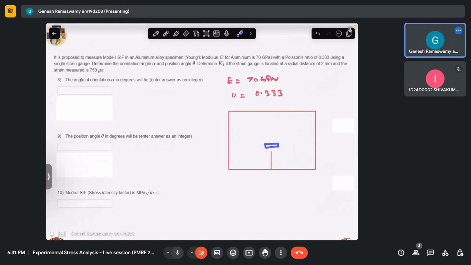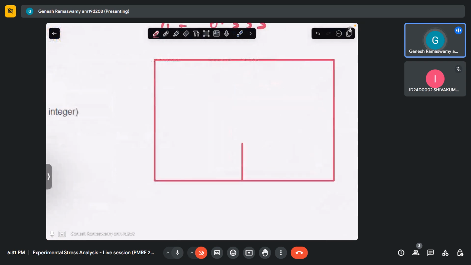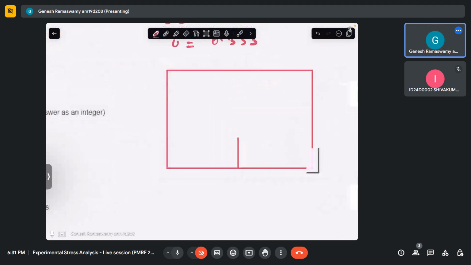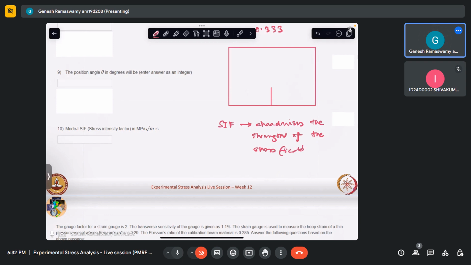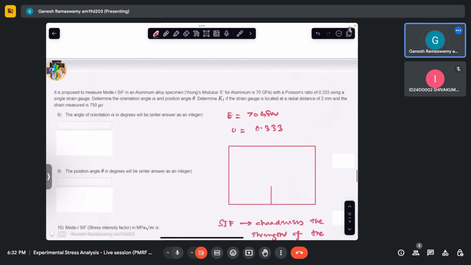So here, the general way to predict the stress intensity factor, the stress intensity factor is something that characterizes the stress distribution, the strength of the stress field, in a problem with cracks.